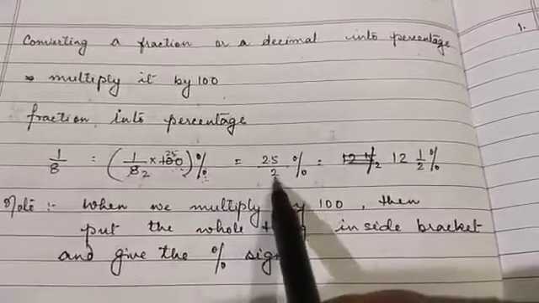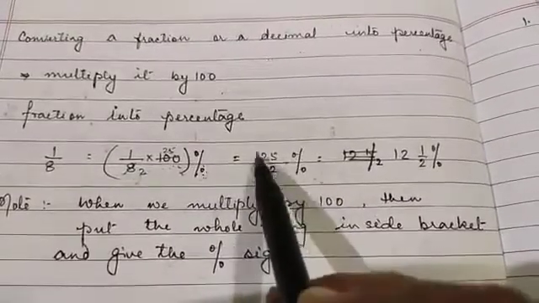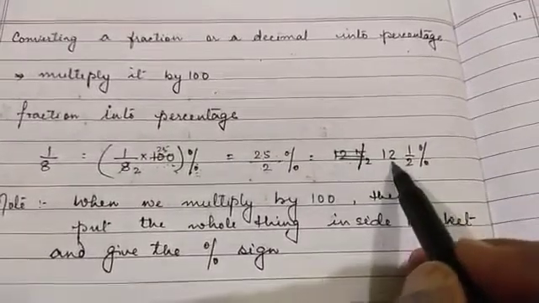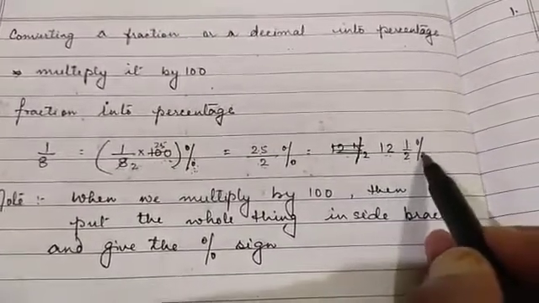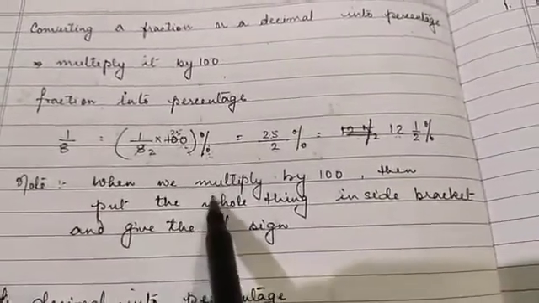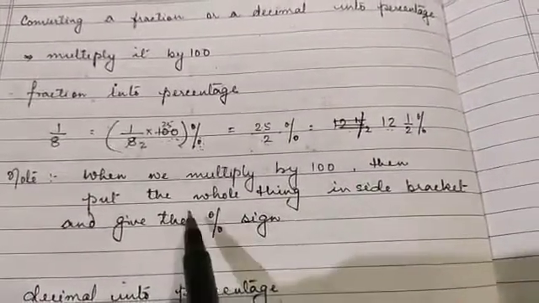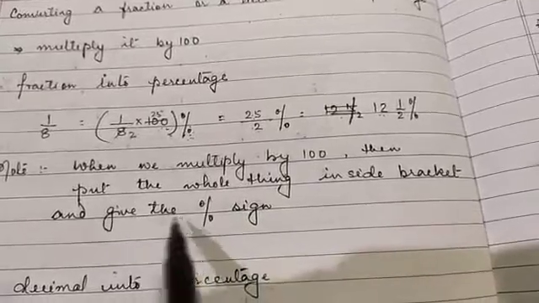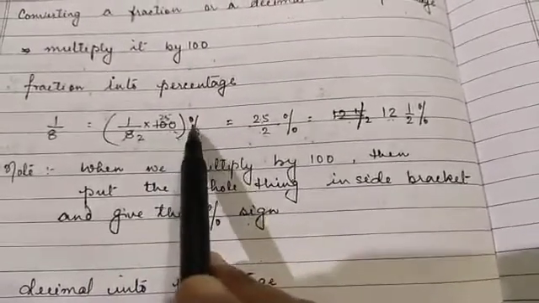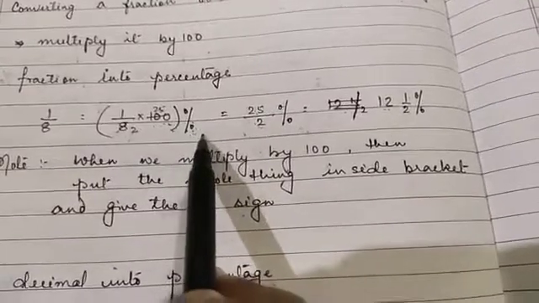So this is 25 by 2%. This is improper fraction. Improper fraction can be written as 12 1 by 2%. Here I have mentioned, when we multiply by 100, then we put the whole thing inside the bracket and give the percentage sign.